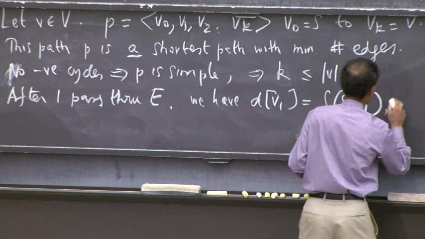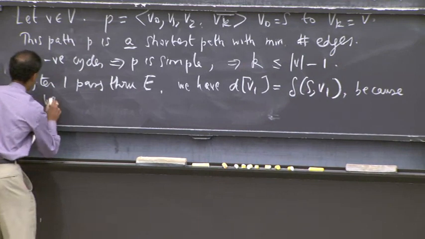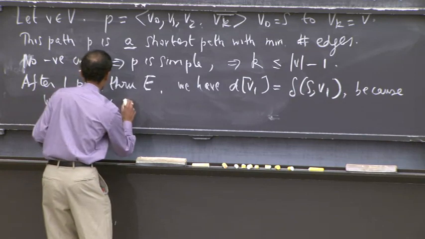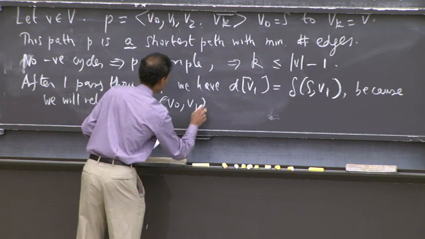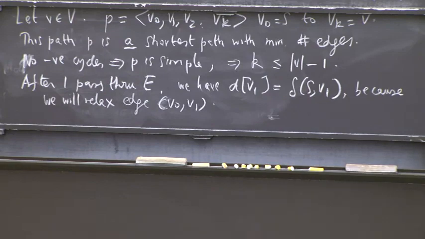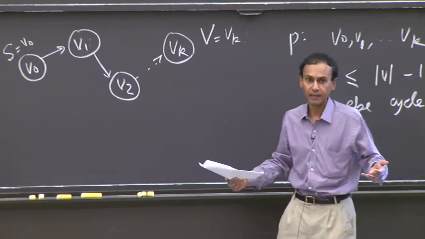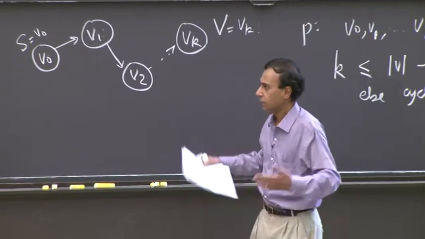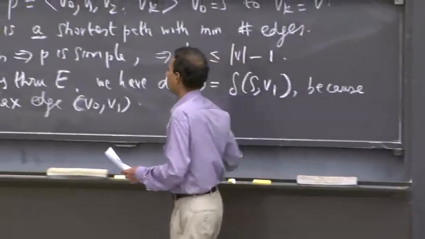The reason for this is that we're guaranteed to relax all the edges, and we will relax the edge V0, V1 during this pass. Right? And we can't find a shorter path than this path, because otherwise we'd violate the optimum substructure property. That means that it's a contradiction that we selected a shortest path in the first place. And so we can argue that we have delta SV1 after the first pass.